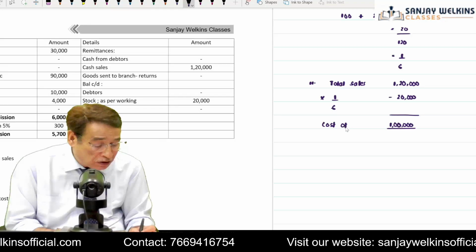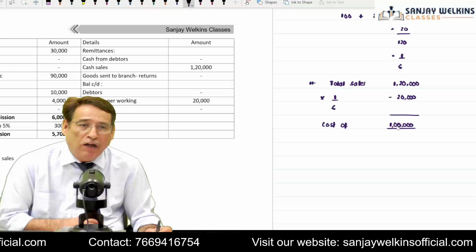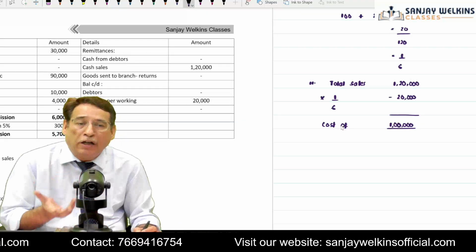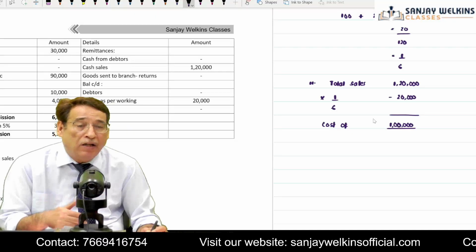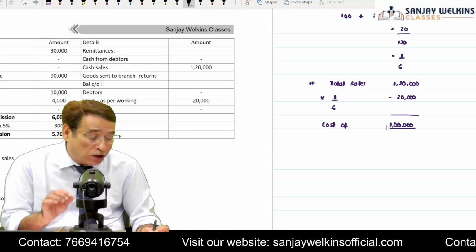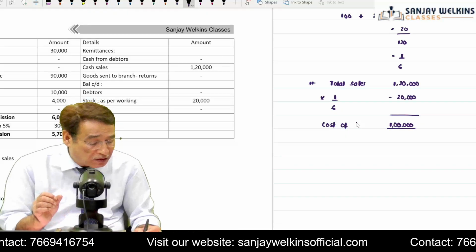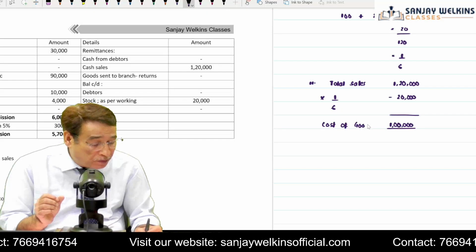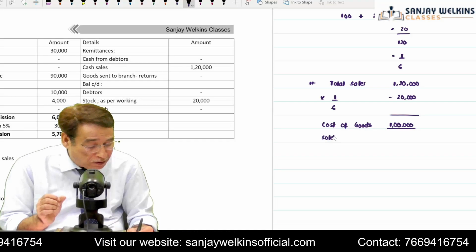So we can also say that the branch has sold goods costing 1 lakh at a selling price of 1,20,000. Is it clear to you? This is your cost of goods sold. Now you have determined the cost of goods sold. Is it clear to you?